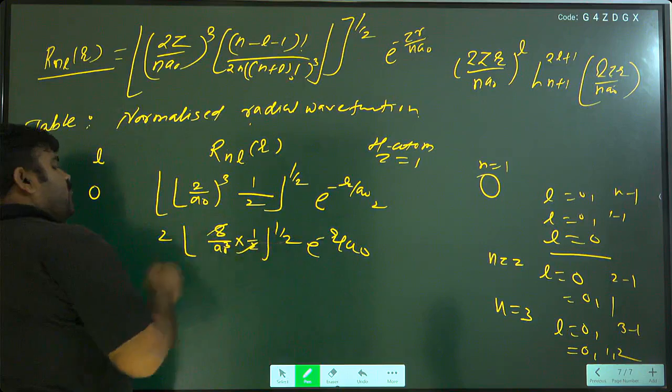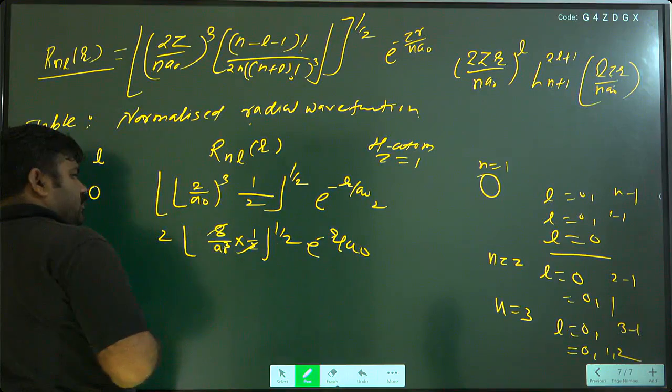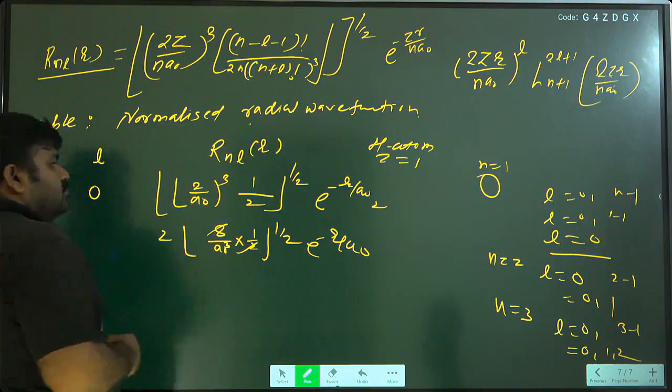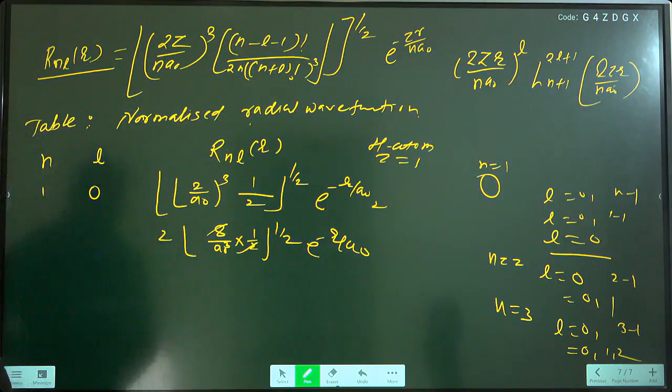What is the square root of 4? Is it 2? Yes or no? Square root of 4 is 2. This is cube, no? Sorry, it's 1 by 8. And square root of 4 is 2.